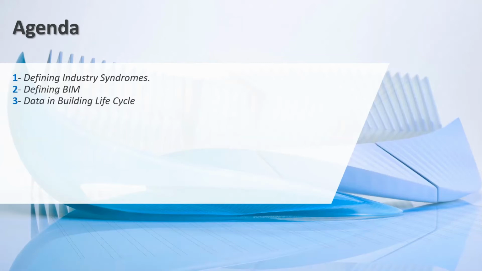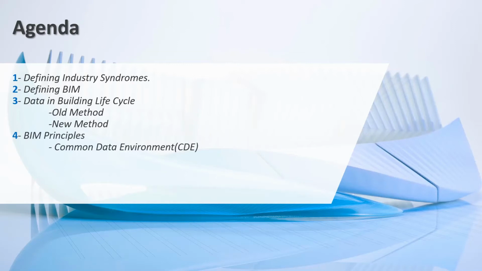We will touch on data within the building lifecycle as well as the project lifecycle, and that is the old methodology as well as the new methodology. We will then discuss BIM principles, and there are 4 BIM principles that everybody needs to look out for: the Common Data Environment, or CDE, BIM Collaboration, BIM Coordination, and BIM On Site. Now that we've got the agenda out of the way, let us begin.